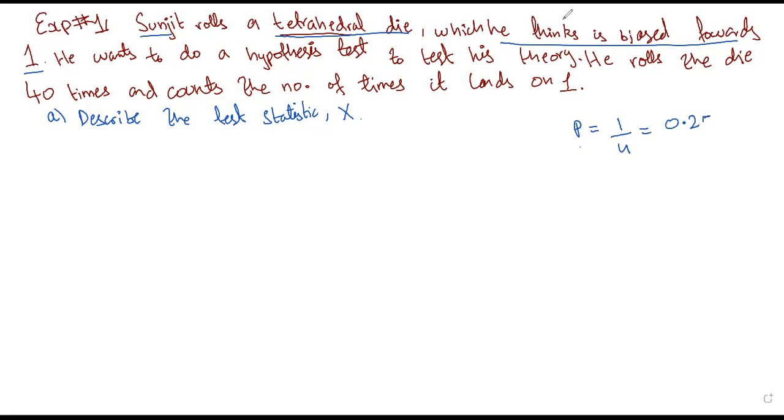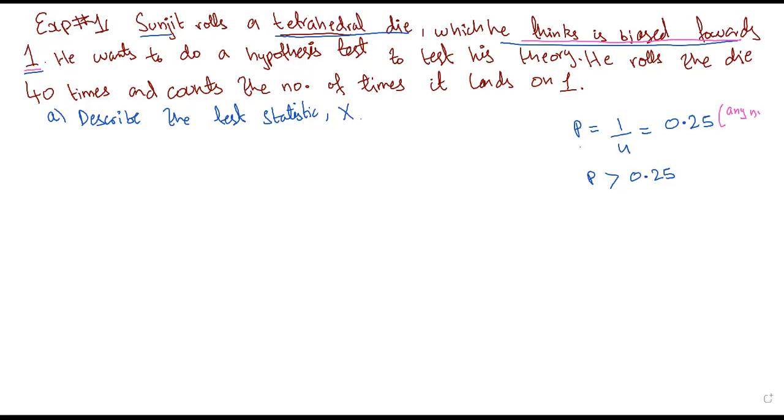But he's thinking that the probability of getting 1 would be more than 0.25. Thinking the die is biased towards 1 means the probability of getting 1 would be more than the probability of getting any other number.